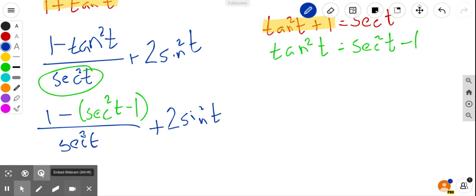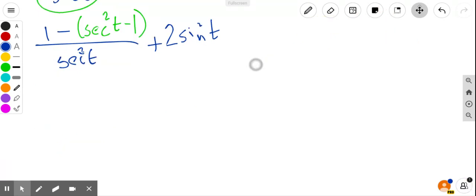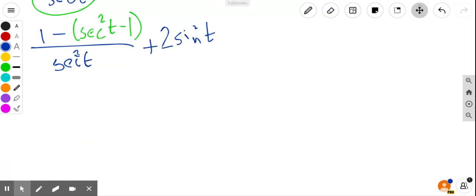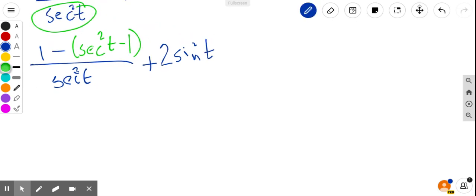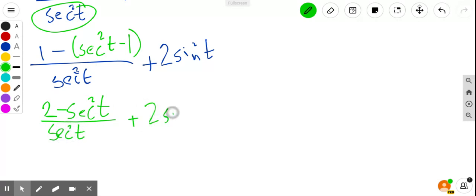All right, and if I keep that going and simplify the numerator, I should have 2 minus secant squared of t divided by secant squared of t plus 2 sine squared of t.